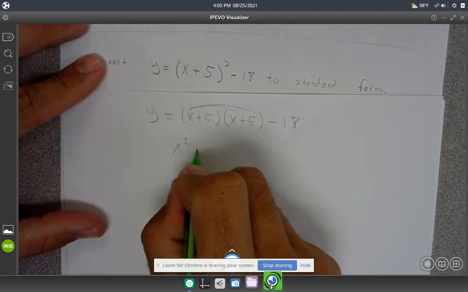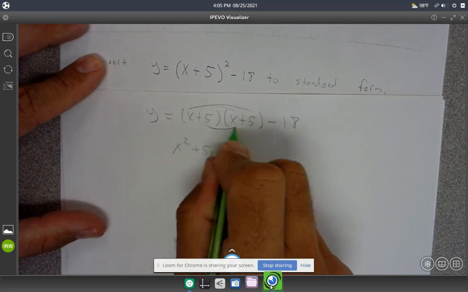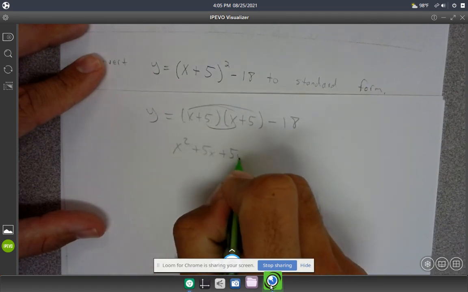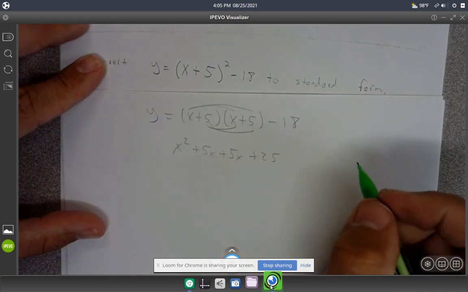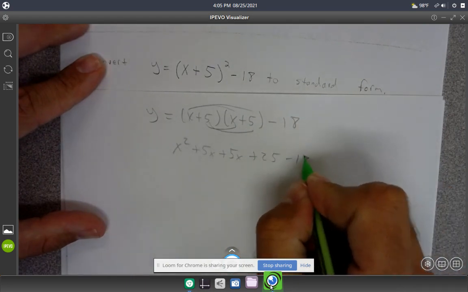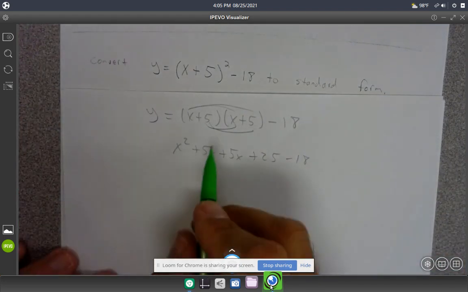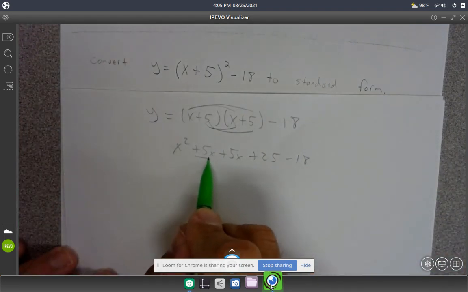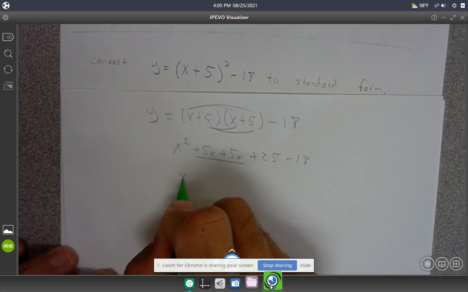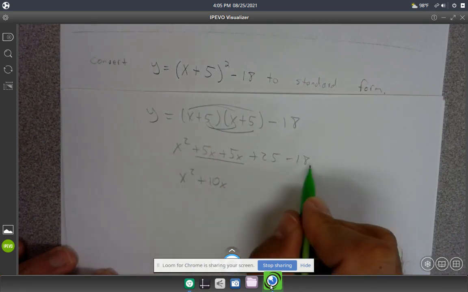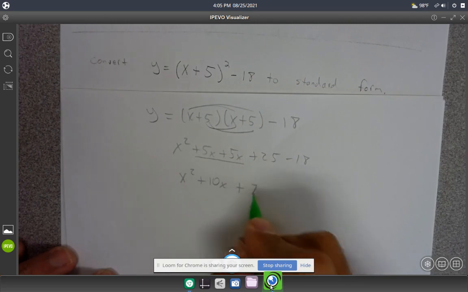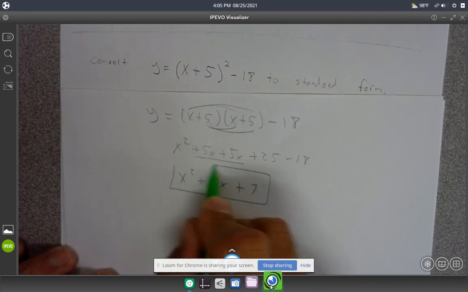X times 5 will be 5x. That'll be another 5x. That'll be a 25. And then we have that minus 18. So that's going to give us a 10x. X squared plus 10x. And then 25 minus 18 is equal to 7. Bam.